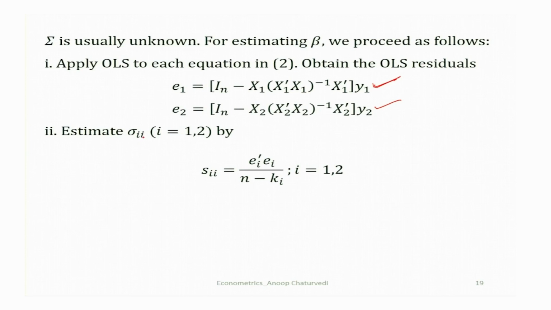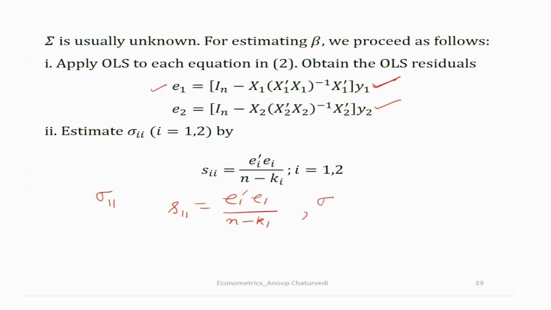Then for estimating sigma i, suppose you have to estimate sigma 1 1, then we make use of this OLS residual. So, s 1 1 is equal to e 1 transpose e 1 divided by n minus k 1.